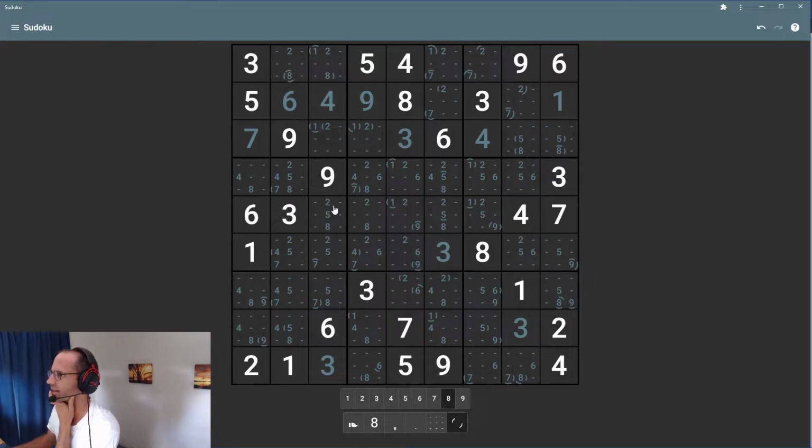This was a 2, knocks that one out, which makes this the 5. So now we've removed the 5 and the 2 from both of these cells. So we have 4, 7, 8 and just 4, 7. And that's a 2, but that's not what we need right now.